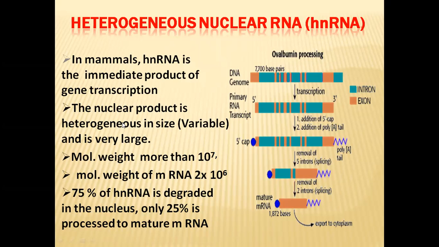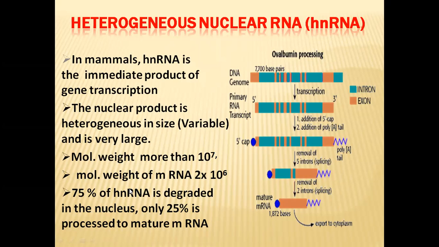Coming to this hnRNA, its molecular weight will be around 10 to the power of 7, and the molecular weight of mRNA will be around 2 into 10 to the power of 6. So most of the hnRNA will be removed and finally it will be converted into mRNA.